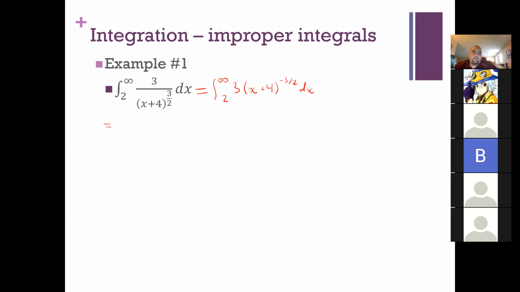So from here, I'm going to insert that limit again. So the integral from 2 to b of 3 times x plus 4 to the negative 3 halves dx. So now I'm ready to take the antiderivative here. So what is the antiderivative of this function?